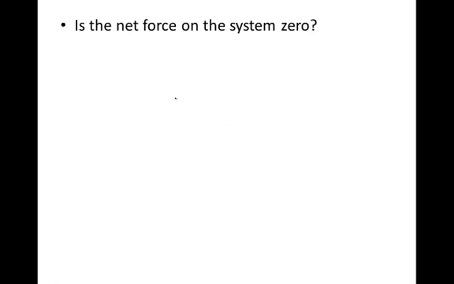One of the first questions you really want to ask yourself when you look at pretty much any problem is: is the net force on the system zero? If you know that, that really simplifies your steps quite a bit, because if the net force on the system is zero, you know several things. You know that the velocity is constant.